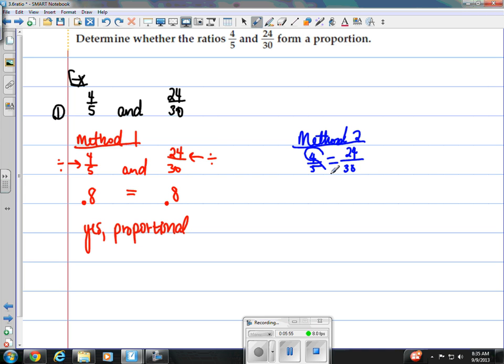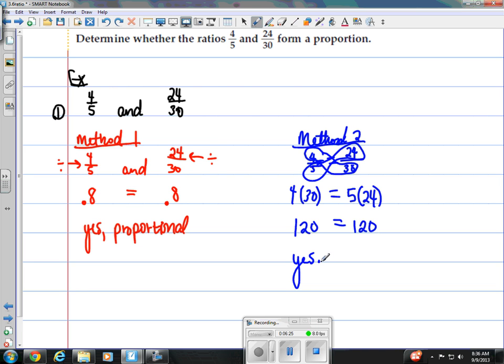And say 4 times 30 equals, drops down, and then 5 times 24. So 4 times 30 is 120. 5 times 24 is 120. So 120 equals 120, so yes, they are proportional.